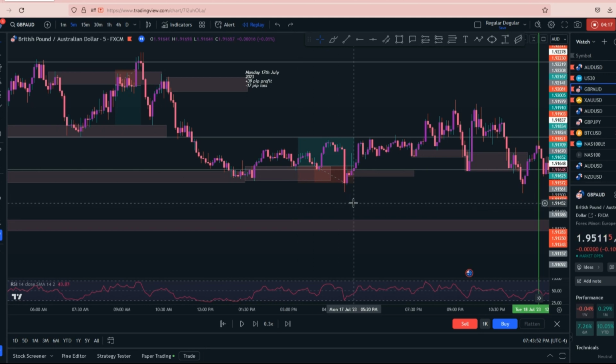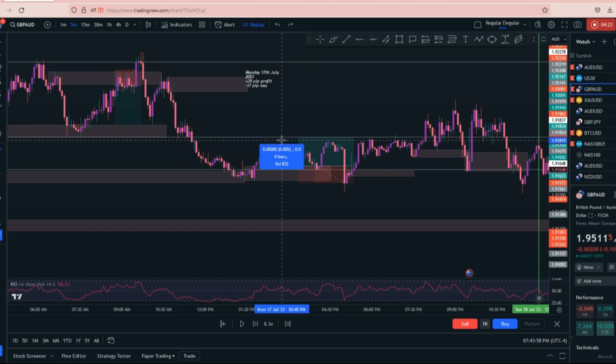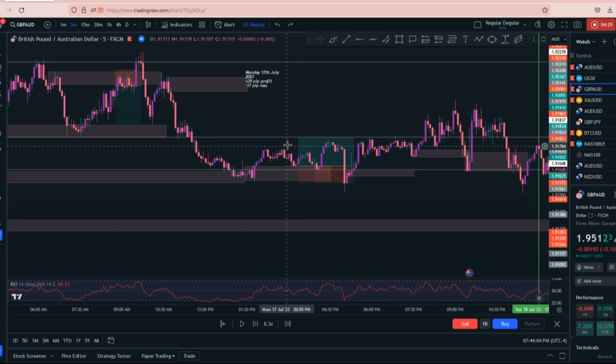And it actually missed my target by 1 pip. It missed my target by 1 pip. This is a support or resistance line I saw from in the past, and so that's why I made that my target.